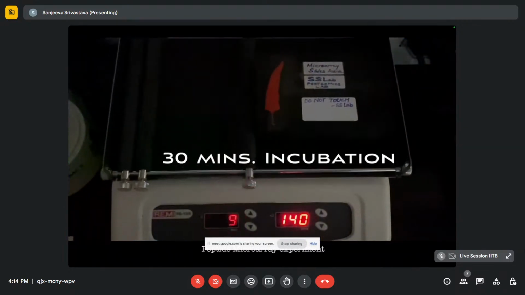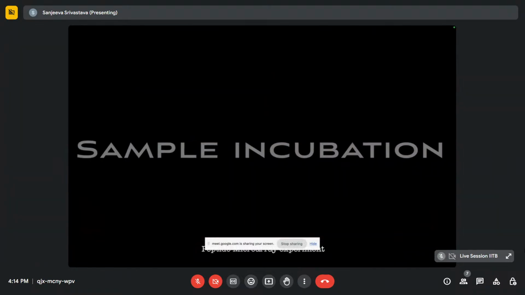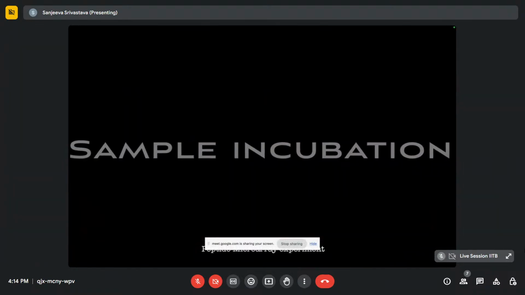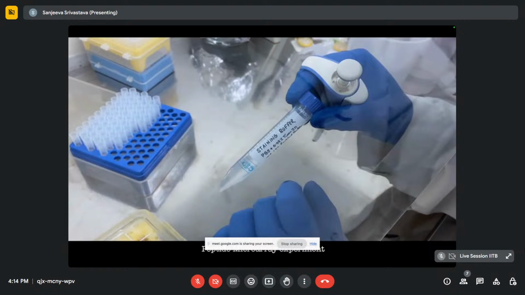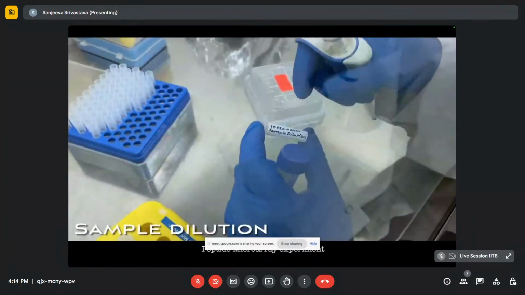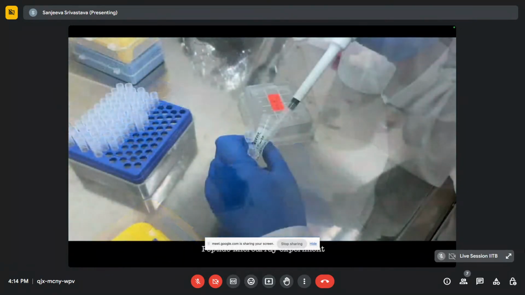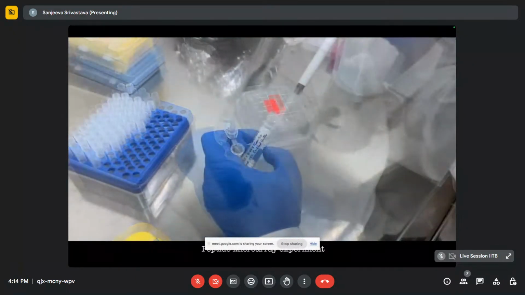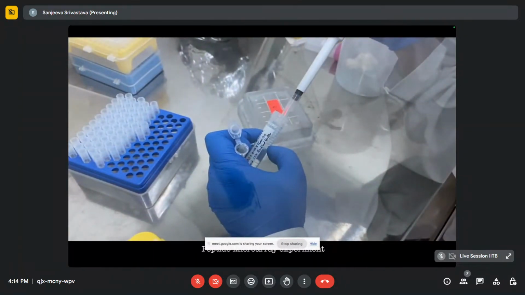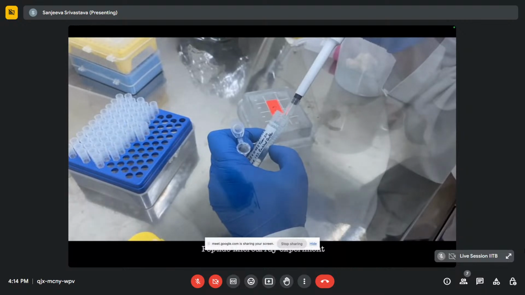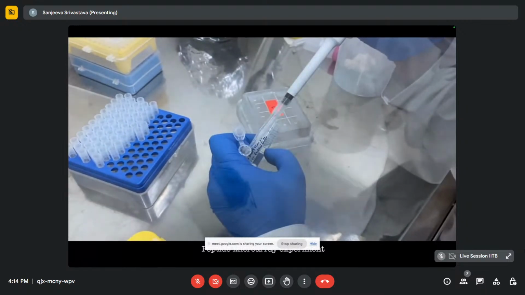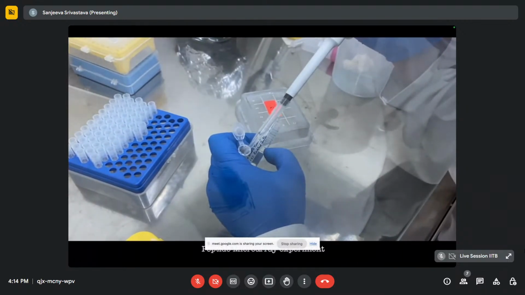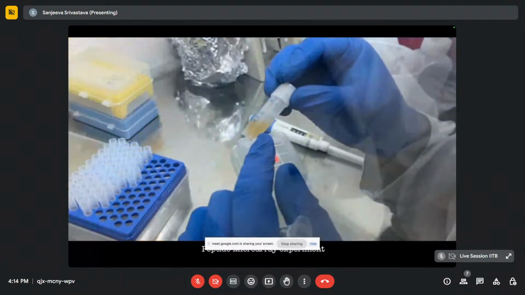The next step is sample incubation. To the staining buffer, we will add patient plasma at a dilution of 1:200. This is the patient plasma.